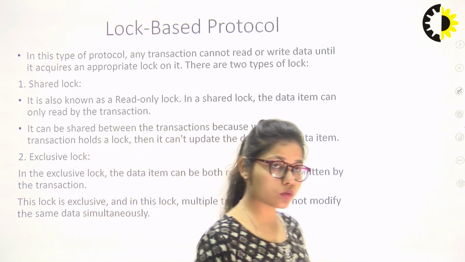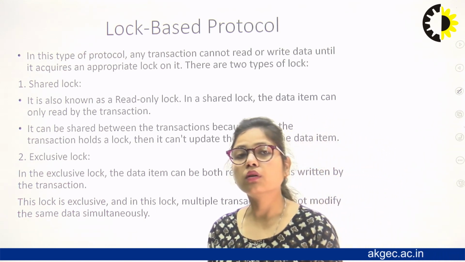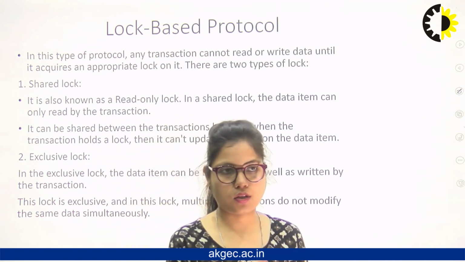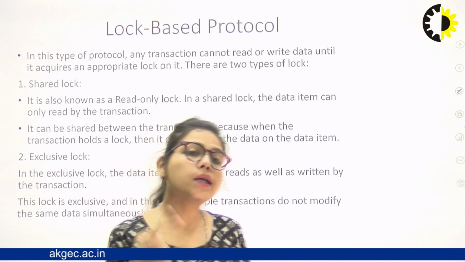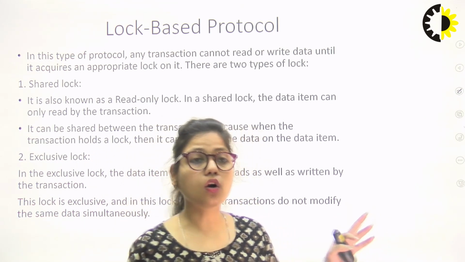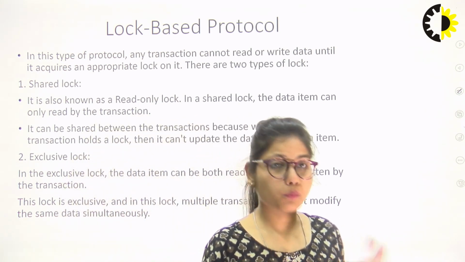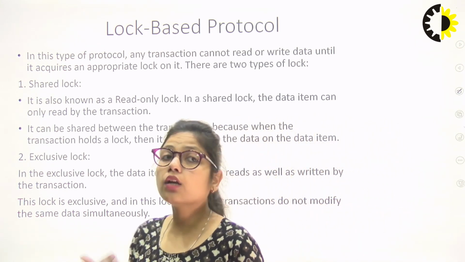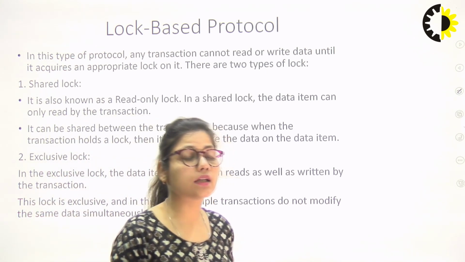Now, what is an exclusive lock? In the exclusive lock, the data item can be both read and written by the transaction. Multiple transactions do not modify the same item simultaneously. In shared lock, multiple transactions can read a data item because no updation is performed. But in exclusive lock, updation is performed, so multiple transactions must not modify the same data item simultaneously.